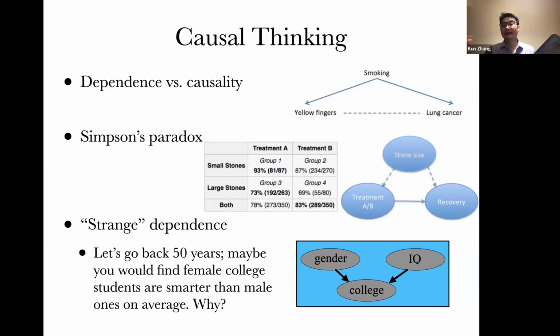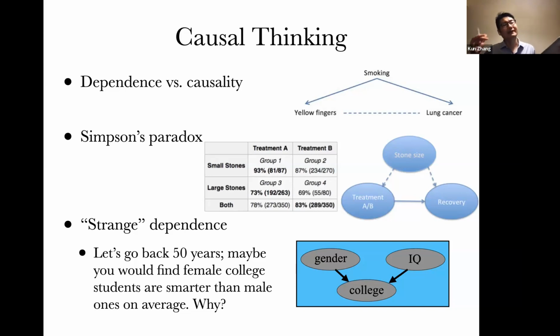Why? We believe that in the population, females and males are roughly equally smart. So why could you find that for college students, the female ones were smarter on average? Basically, this kind of problem is almost everywhere, especially nowadays when we work on international data collected on the internet.